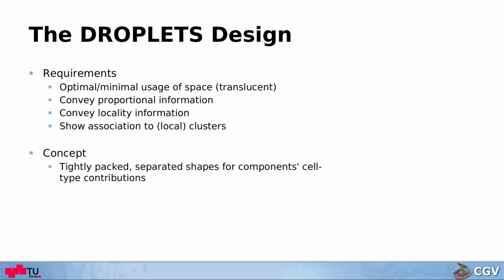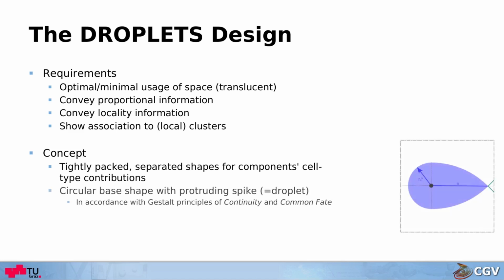The core idea of our proposed design is to visualize the different cell type contributions as separated, yet tightly packed, smooth shapes, which reflect both a component's contribution and its belonging to local accumulations. We equip a circular base shape, reflecting the magnitude of the contribution, with a protruding spike, pointing towards the center of such a local cluster.